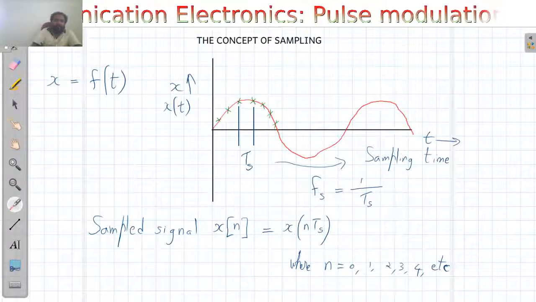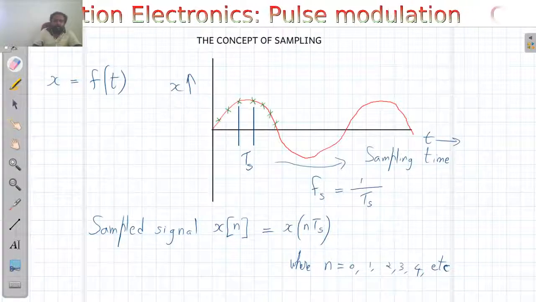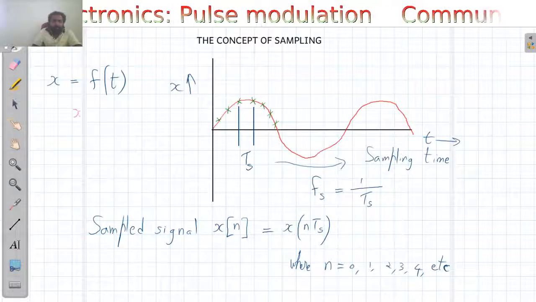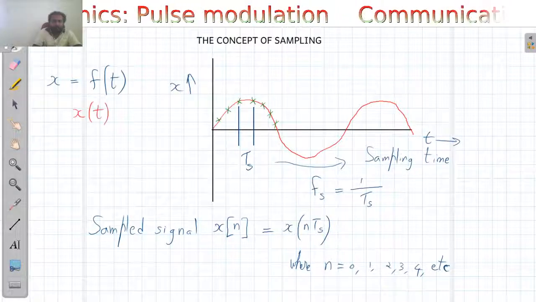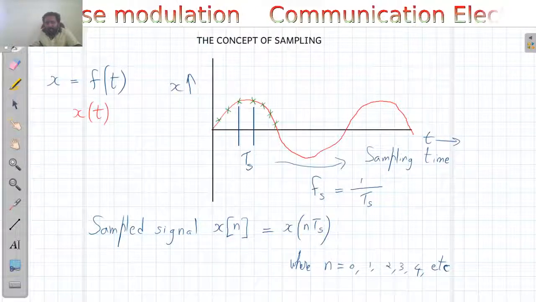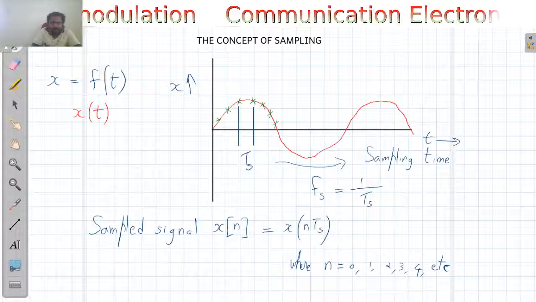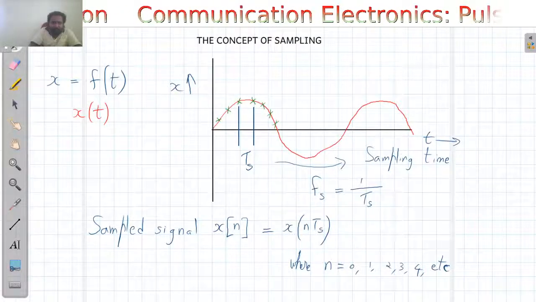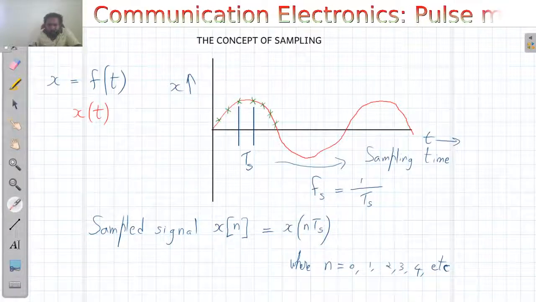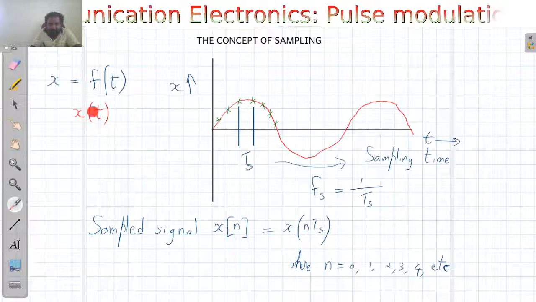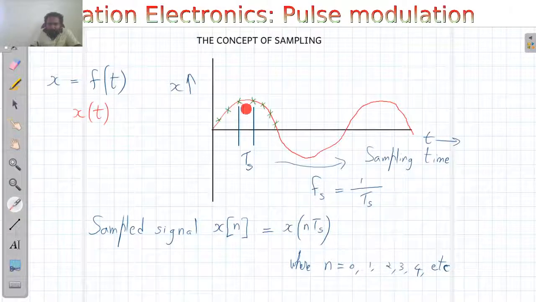I'll just write it in red color. So my continuous wave is represented by x of t. That is the function, and when I do the process of sampling, I will be taking only specific function values of x of t at specified intervals.